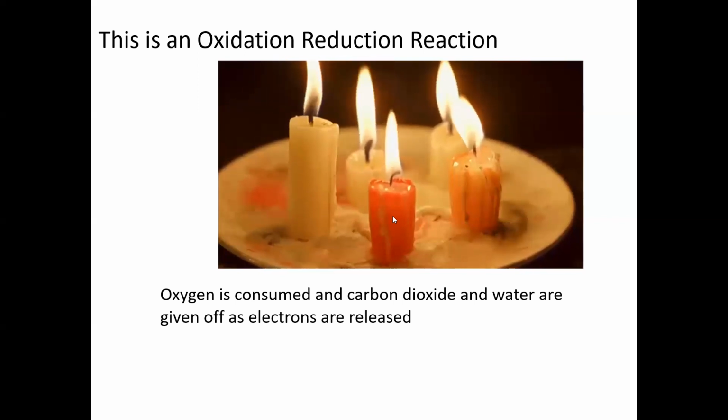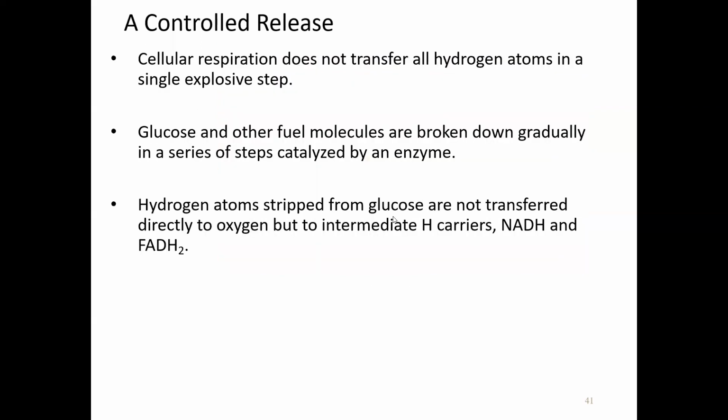Just like here, we know carbon dioxide is present. How do we know it's present in our bodies? Because we're breathing it out. This whole process of cellular respiration is a very controlled release. We don't want to rip off all the electrons. We don't want to rip off all the hydrogen atoms in one explosive step. I mean, consider this.